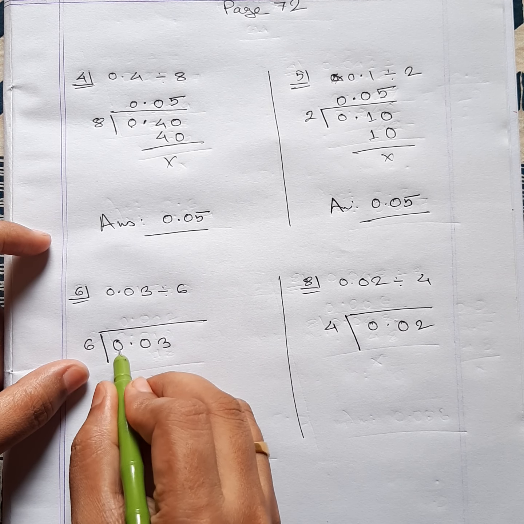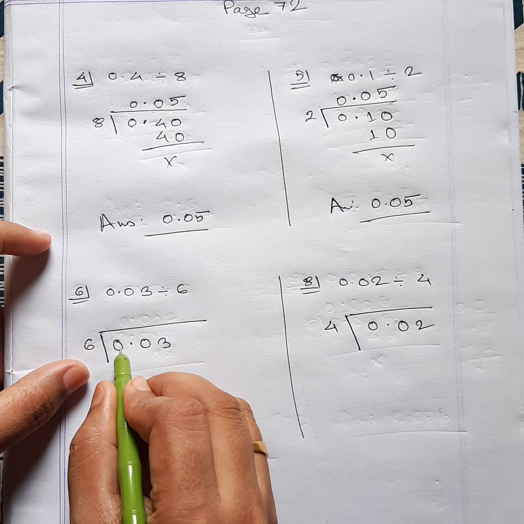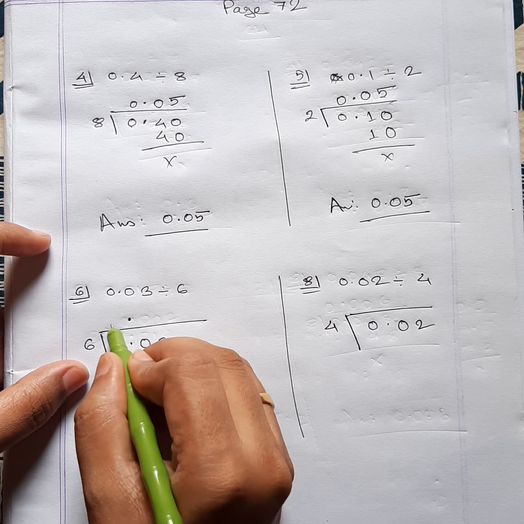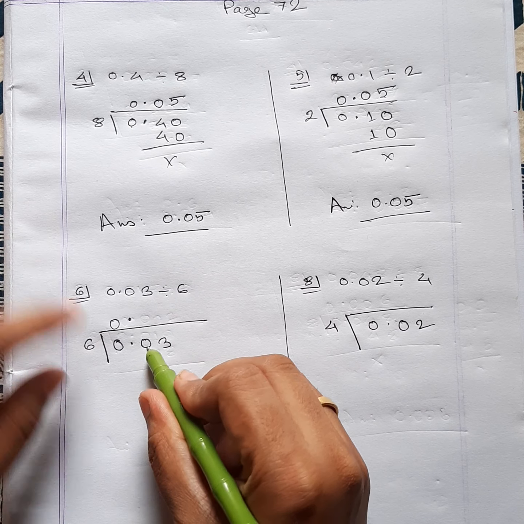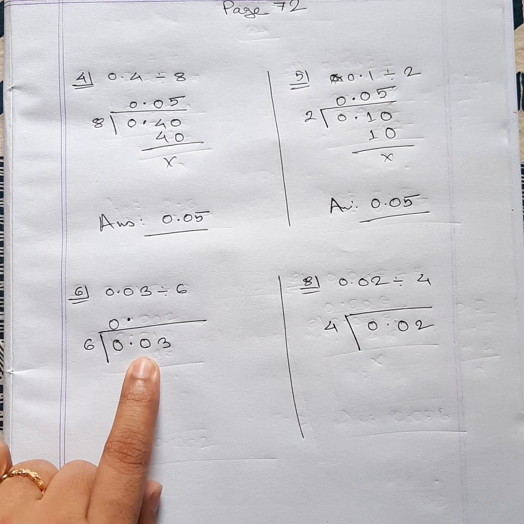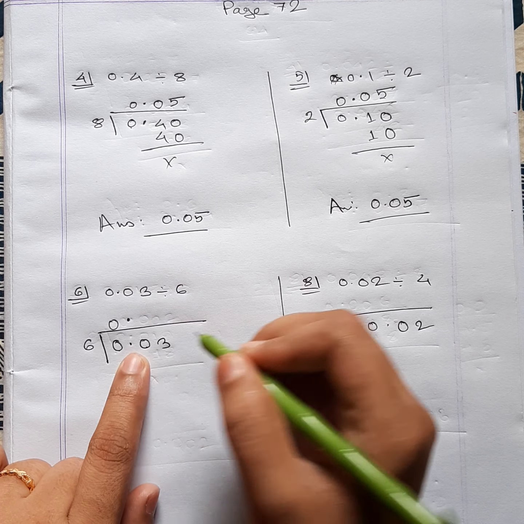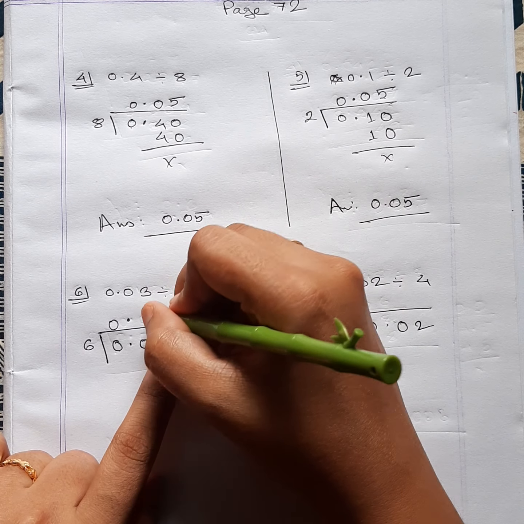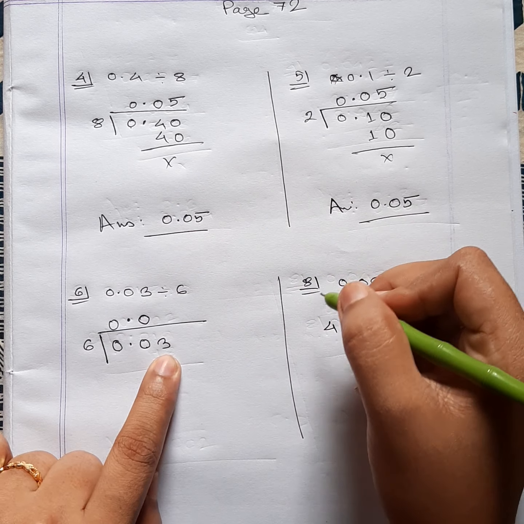Let's see. 0 cannot be divided, so we have to take another one. We have crossed the decimal, we need to give the decimal, and we have come over here. We cannot divide it. So what you have to do is take another digit. For taking 3 actually, we need to give 1 0.